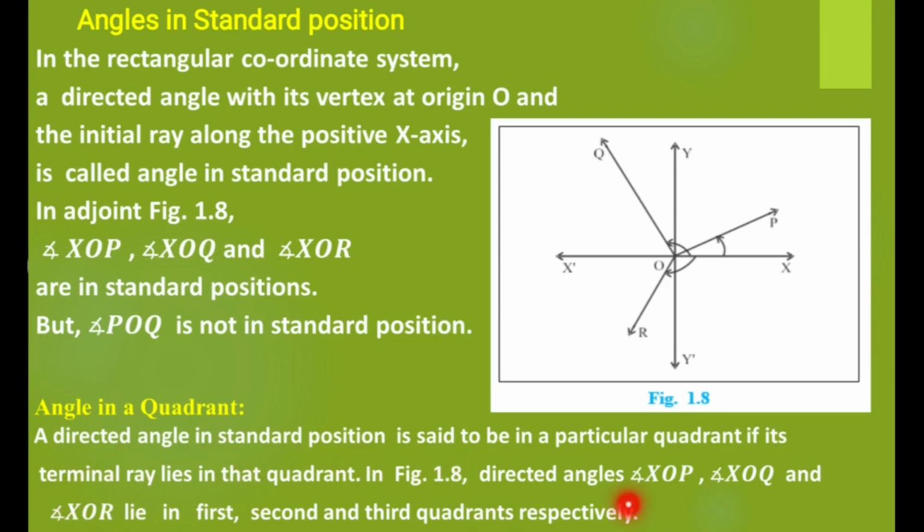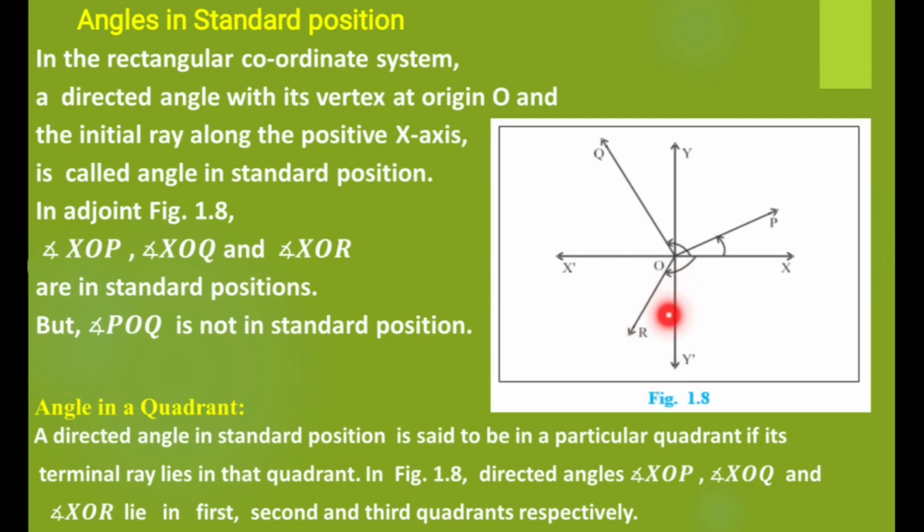So see figure 1.8, directed angle XOP. For this angle XOP, the terminal ray OP is in the first quadrant. For XOQ, this OQ is in the second quadrant, and for XOR, this OR is in the third quadrant.